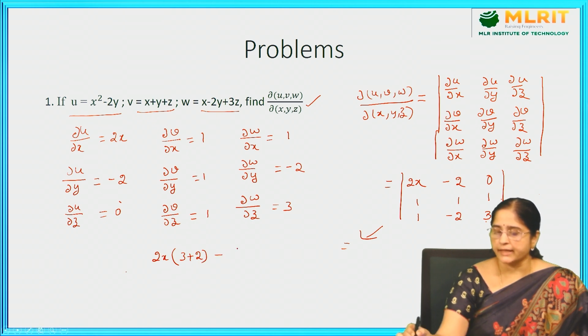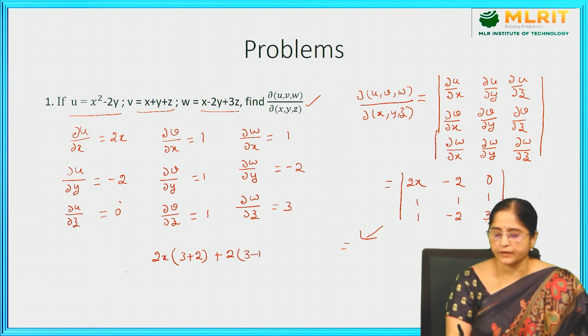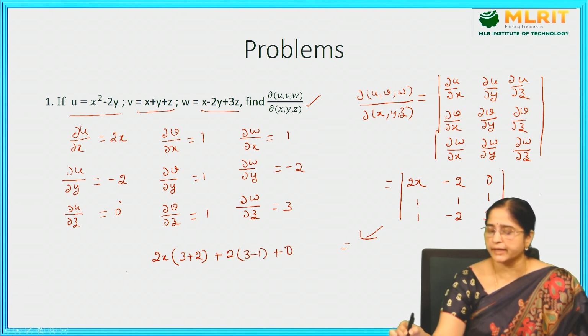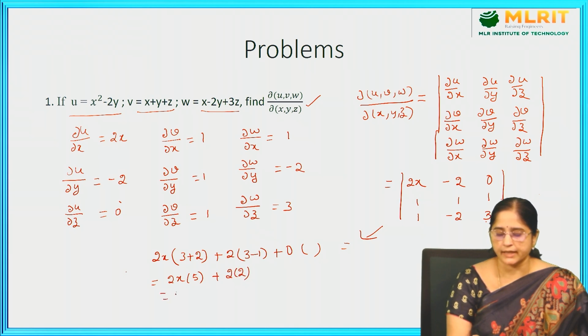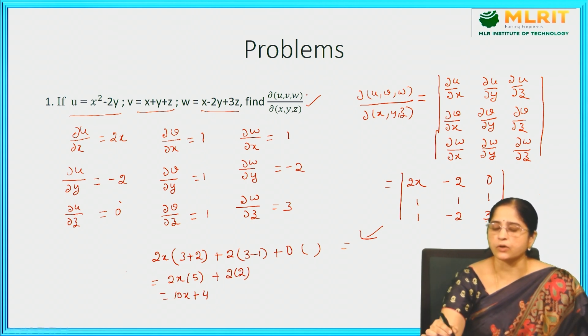Minus, plus 2 into the determinant of this one, which is 3 minus 1. Plus 0 into the determinant of anything is 0. So we are getting 2x into 5 plus 2 into 2, 4. So this is 10x plus 4. So the Jacobian value is 10x plus 4.